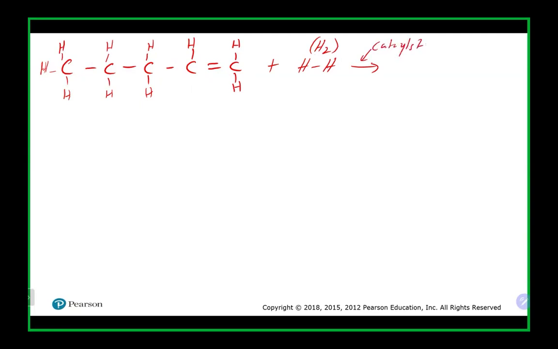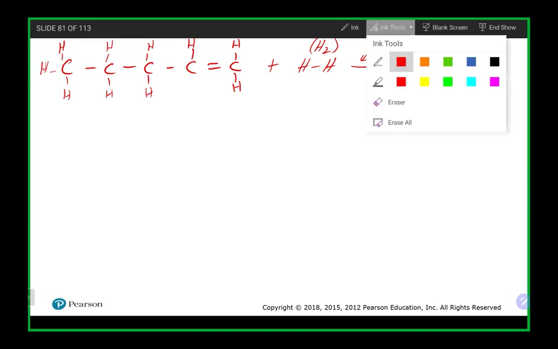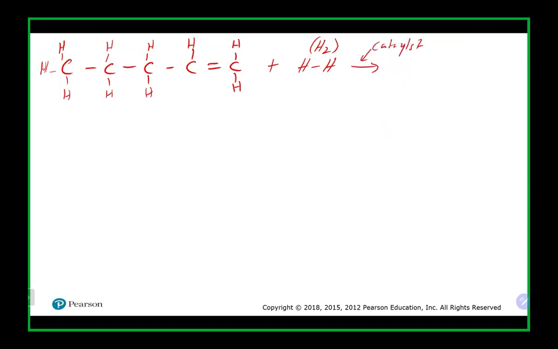Now, in this particular case, although there's a lot of stuff drawn there, the only place I should really focus in on is the double bond. And I should draw it exactly the same. I shouldn't change anything except the double bond to a single bond. So once again, you pretty much have your product that you need to draw already drawn for you. Just copy what's there.